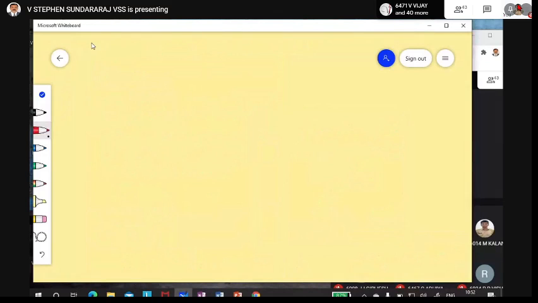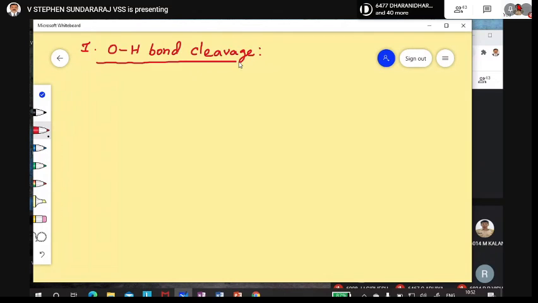Now here the first one is breaking of the OH bond, OH bond cleavage. This comes under the discussion of the acidic nature of alcohols.